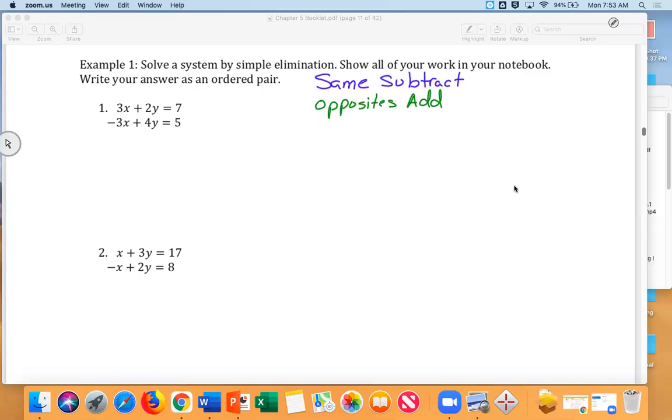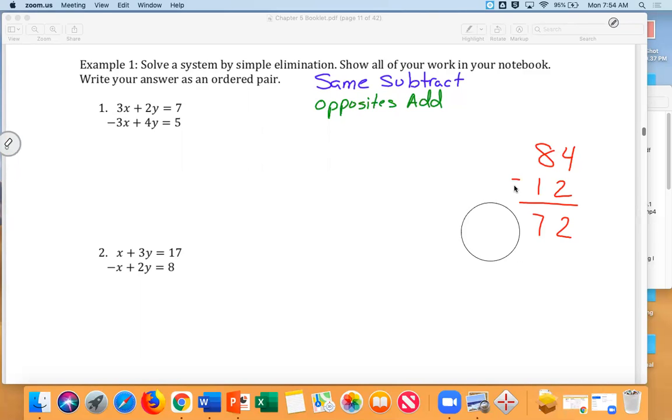Do you guys remember back in the day when you were probably in elementary school, Nate, and you did like 84 minus 12, and you did 4 minus 2, and you got 2, and you did 8 minus 1, and you got 7, and you're like, oh, my answer's 72.